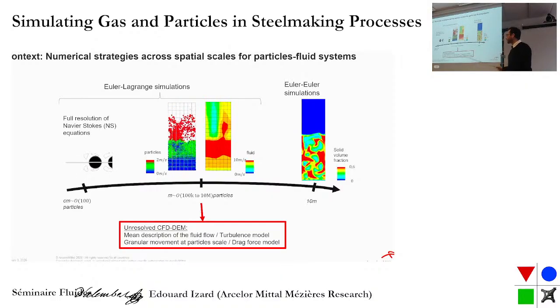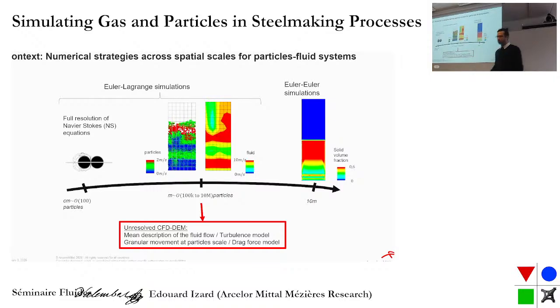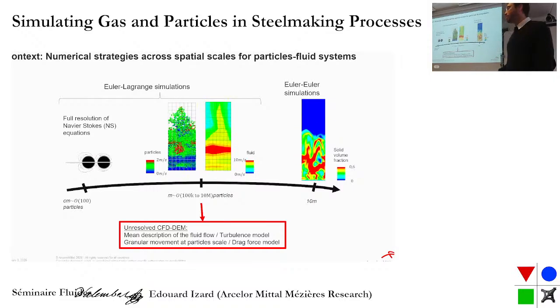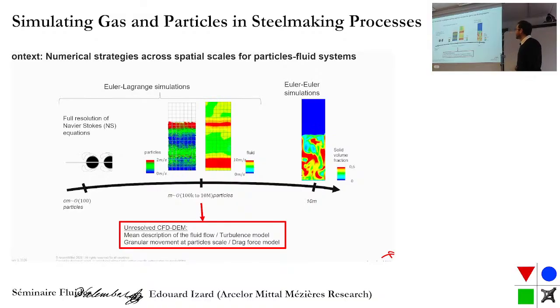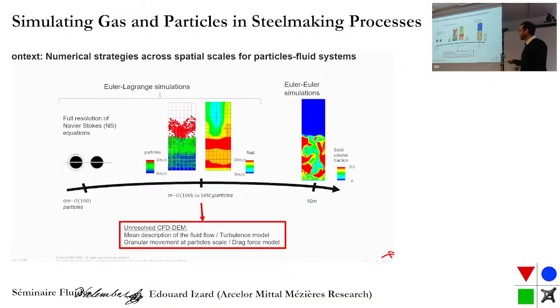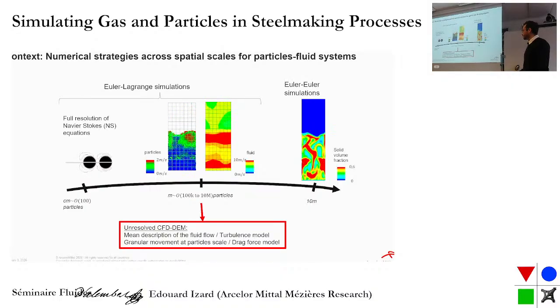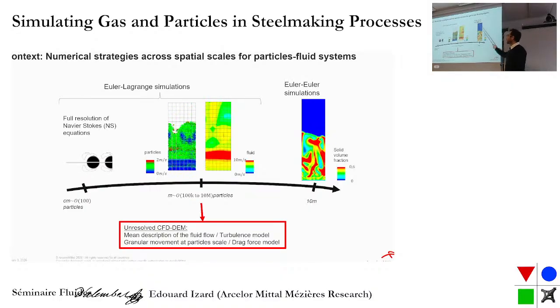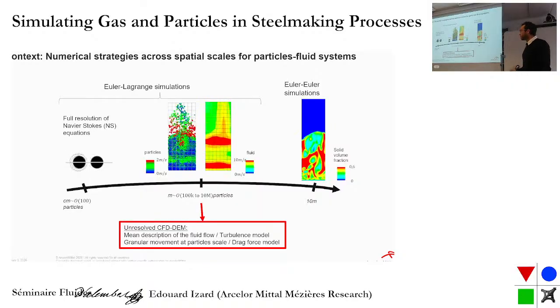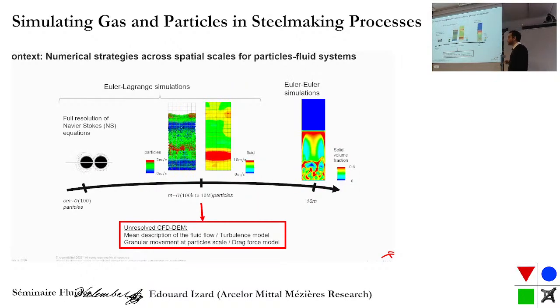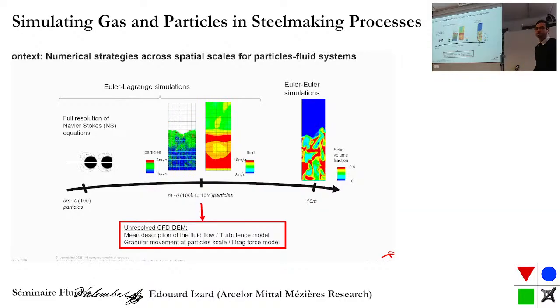And we can assess the scale of around a meter. And if we want to go to very large lengths, let's say, we have the possibility to think about doing some Euler simulations with good closure relations for particle-fluid.